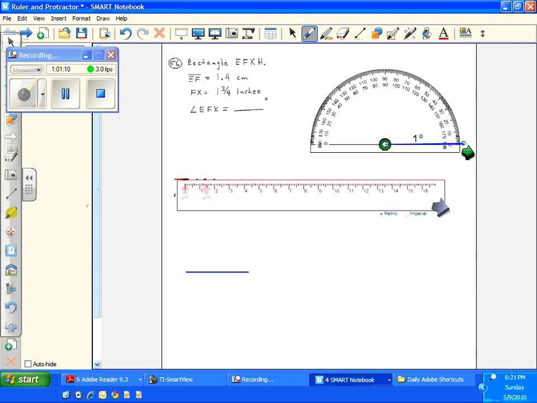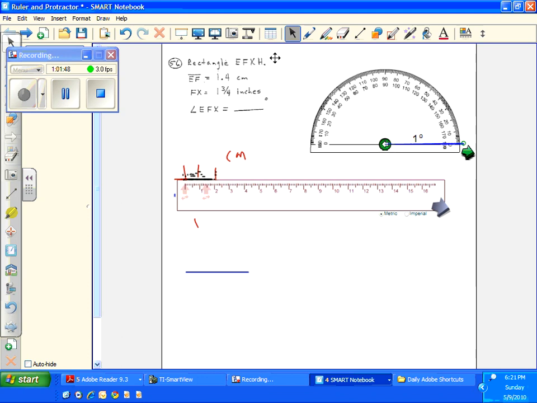The 0, 1, 2, 3 are centimeters. These little bitty marks in here are millimeters, and it takes 10 millimeters to make a centimeter. So 1.4 centimeters would be to the 1, and then 4 little bitty marks past the 1, okay?